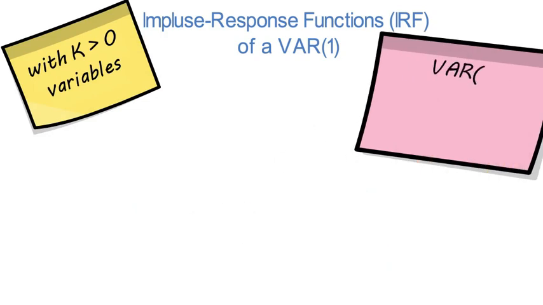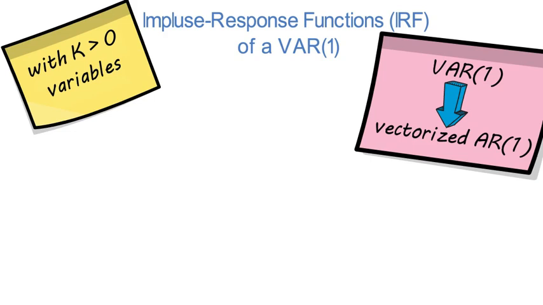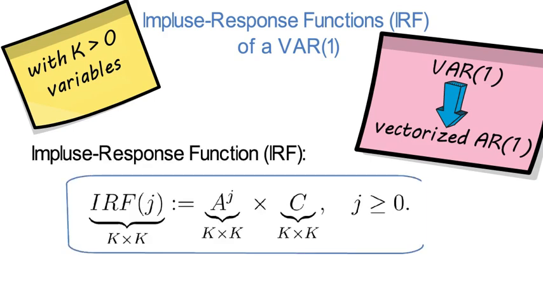As the VAR1 model is only a vectorized version of the AR1 model, it might be easy for you to note that the IRF takes a simple form: the IRF for period j is simply A to the j times C, and j is 0 or larger than 0. Note here the IRF of j is a k times k matrix, A to the j is k times k, and the volatility matrix C is also k times k.